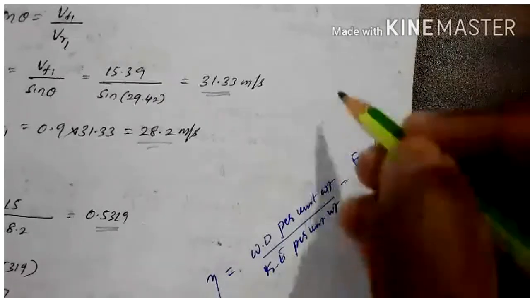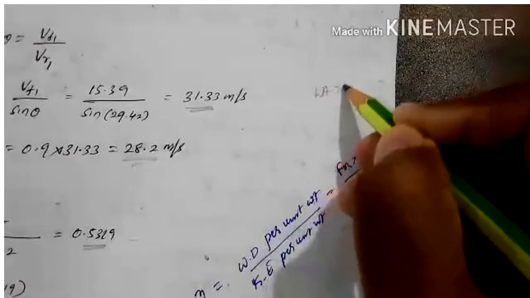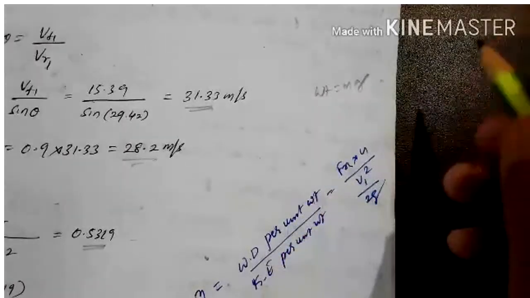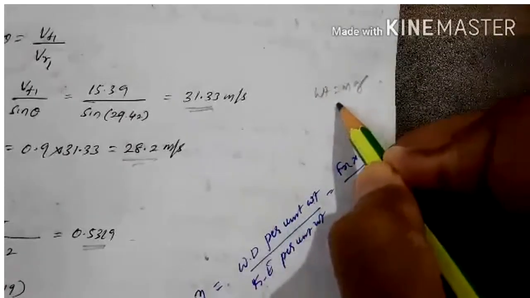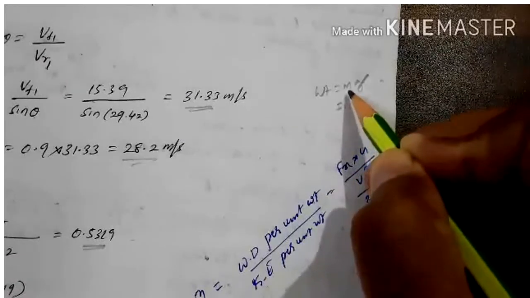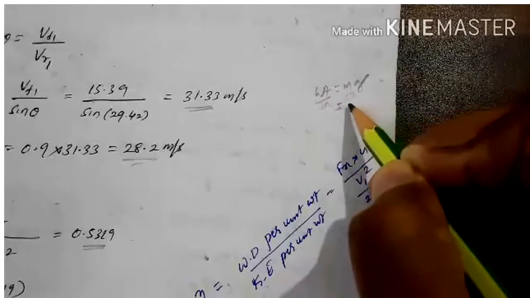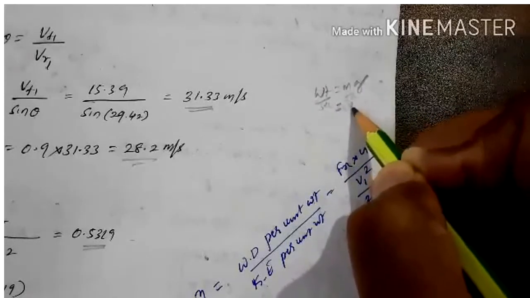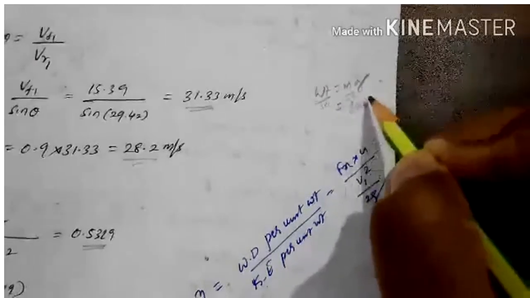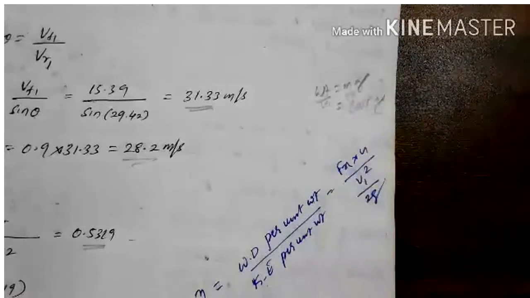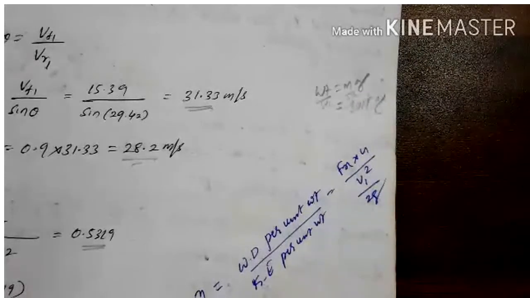Weight is what? Weight can be written as m into g. Then m into g, this will be weight per second. Again per second, what do we write here? Rho a v square into g.